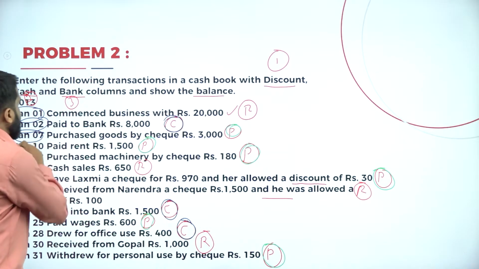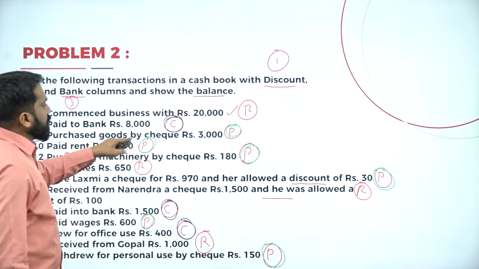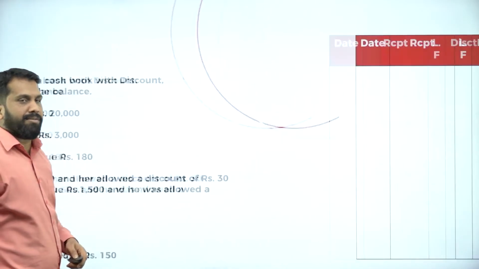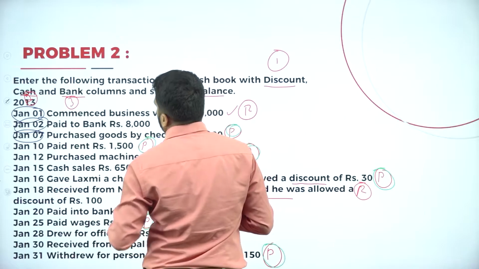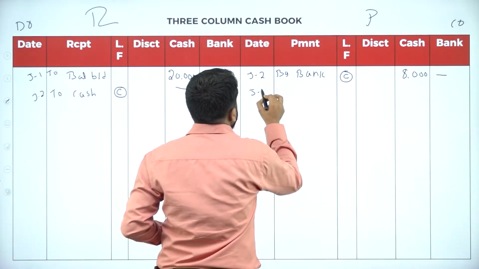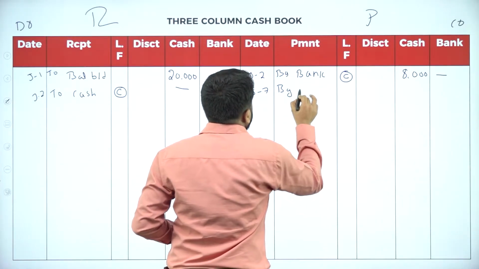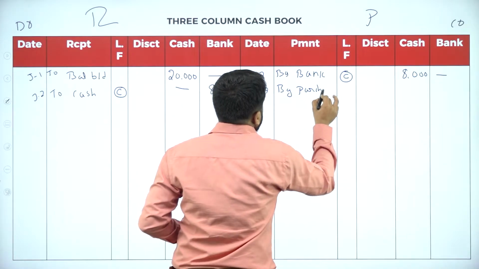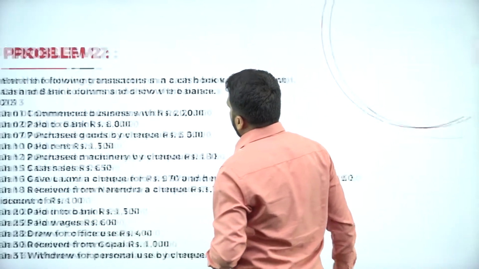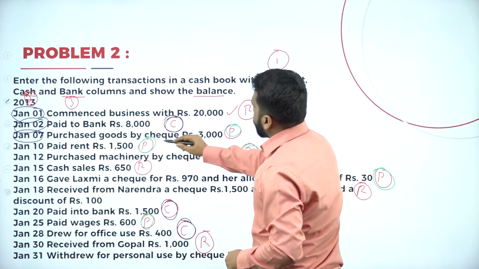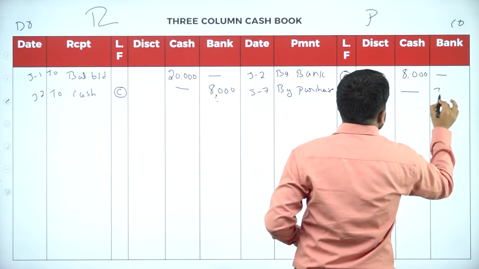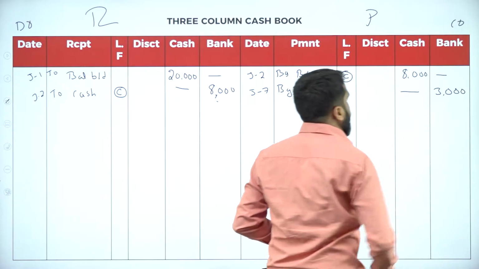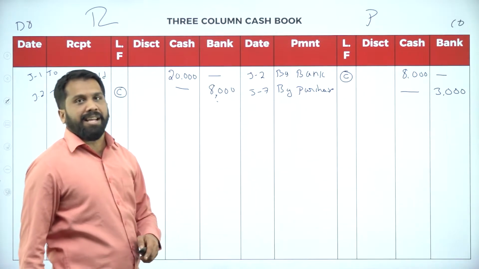Next, January 7th, purchase goods by check 3000. Payment. January 7th, by purchase. So, check or cash? They have mentioned check 3000. In the bank column, we should write 3000.